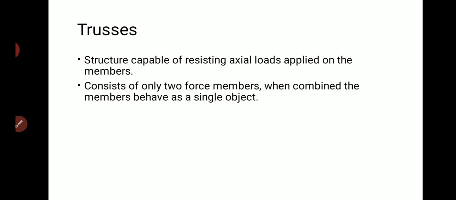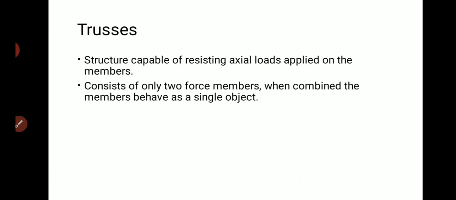So what is a truss? A truss is a structure which consists of only two force members. When combined, it behaves as a single object. So two separate members are combined so that they behave as a single object.